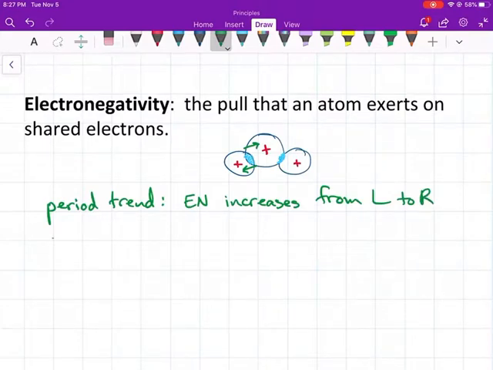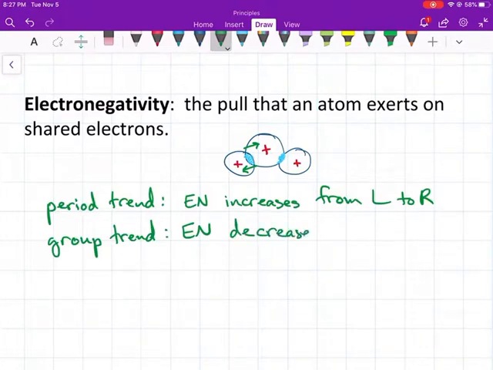And then the group trend is that EN decreases down a group. And again, I'm not writing the reasons because the reasons for the electronegativity trend are exactly like the reasons for the ionization energy trend.